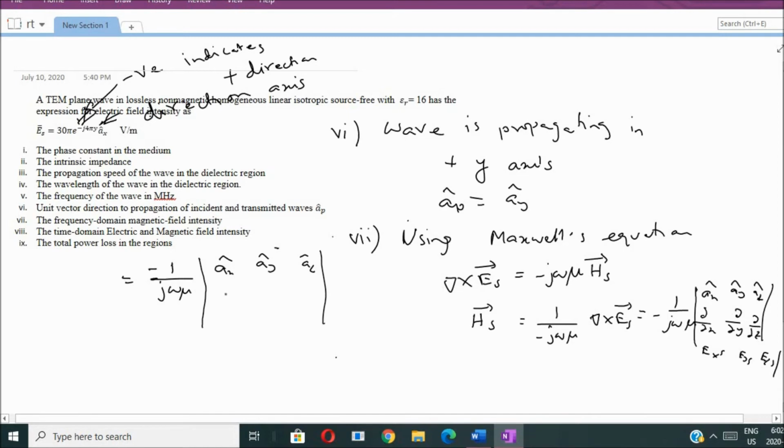So the derivative with respect to x is 0, the derivative with respect to z is 0. We have the derivative with respect to y only.